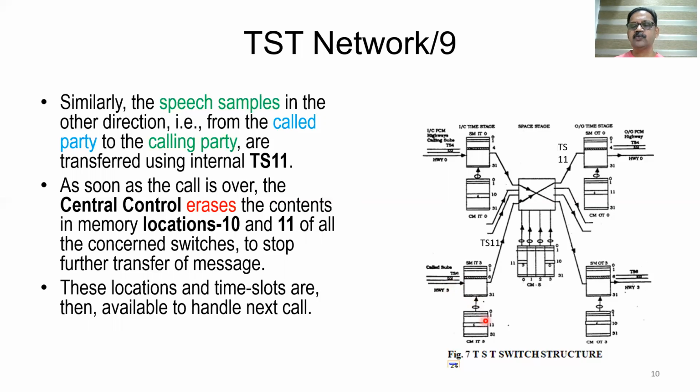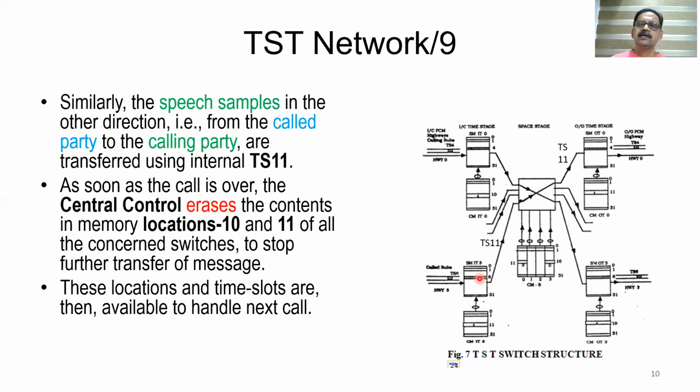Since it is output controlled, the incoming time switches, the input time switches, are output control. So the information is written in a sequential way in the speech memory. Since it is time slot 6, it will be written in memory location 6.